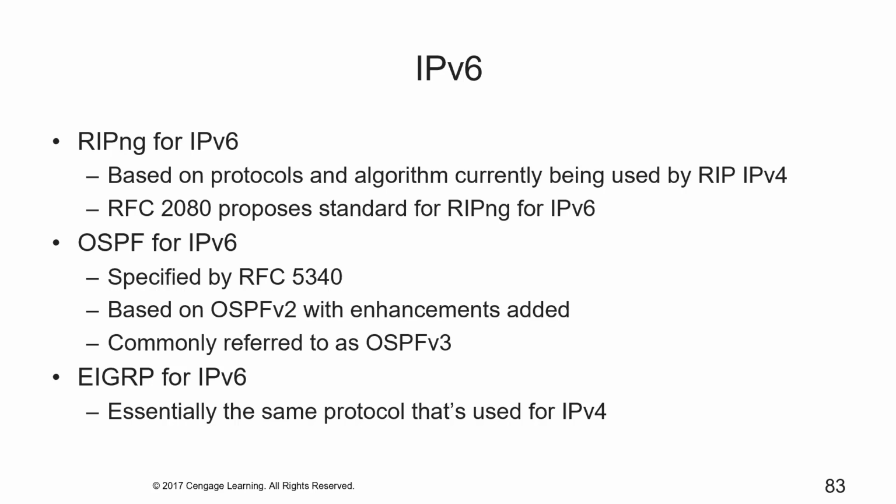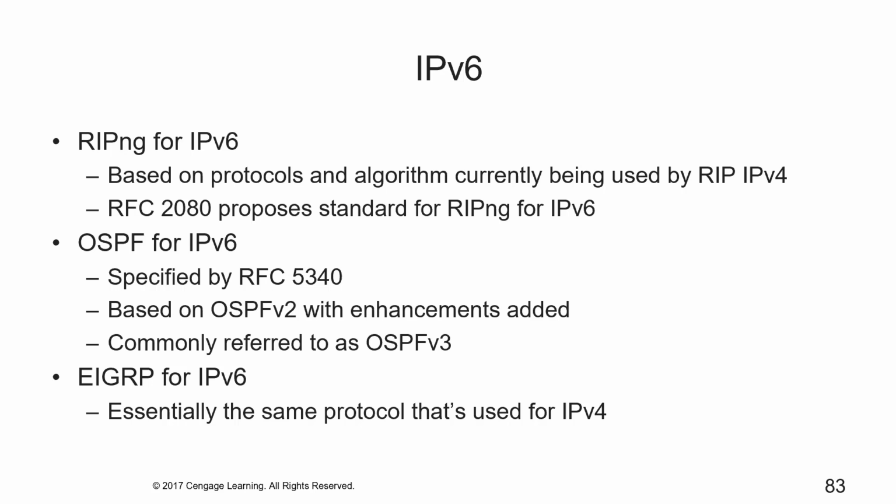RIPng for IPv6 is based on the protocols and the algorithm currently being used by IPv4, covered by RFC 2080, which is the proposed standard for RIPng for IPv6, and it represents a minimum change to the RIPv2 protocol.